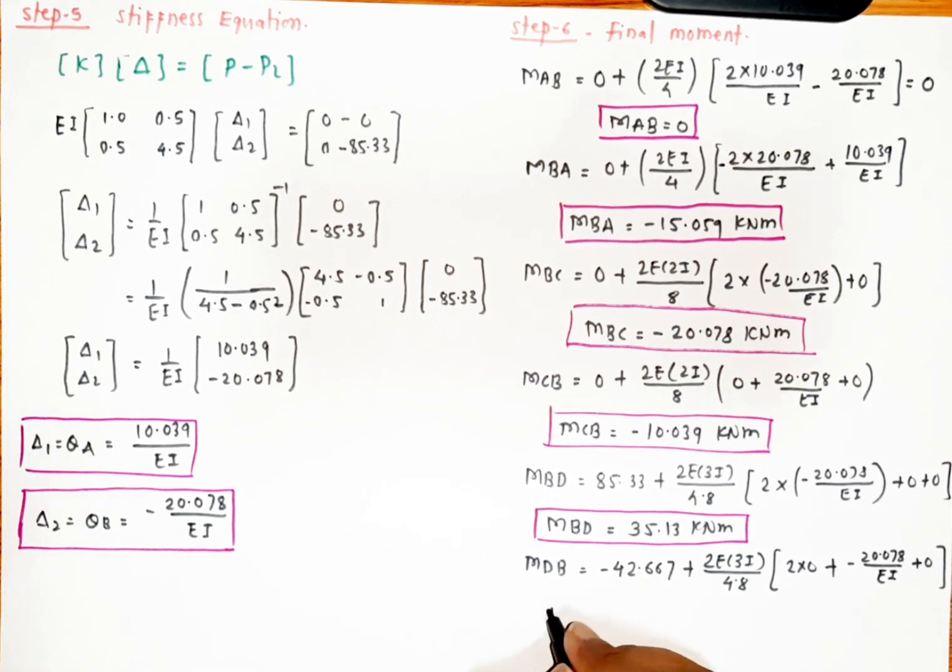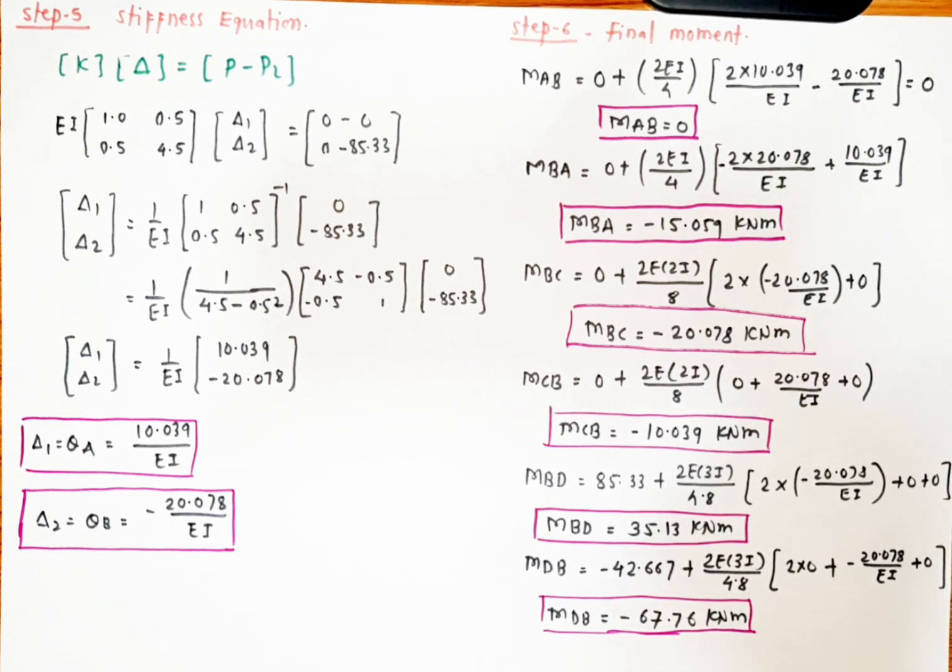So ultimately MDB is equal to minus 67.76 kilonewton meter. So this completes the problem, that is the calculation of final moments. After that the problem is complete. So this is all about the non-sway frame using the stiffness matrix method.